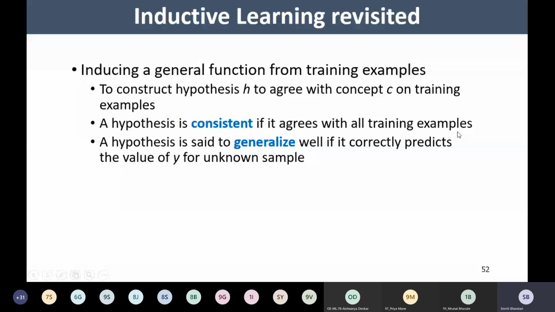And we mentioned another concept, and that is the generalized hypothesis. So we say that a hypothesis is said to generalize well if it correctly predicts the value of y, that is my output, for an unknown sample, right? So this is what we have discussed in our last session.